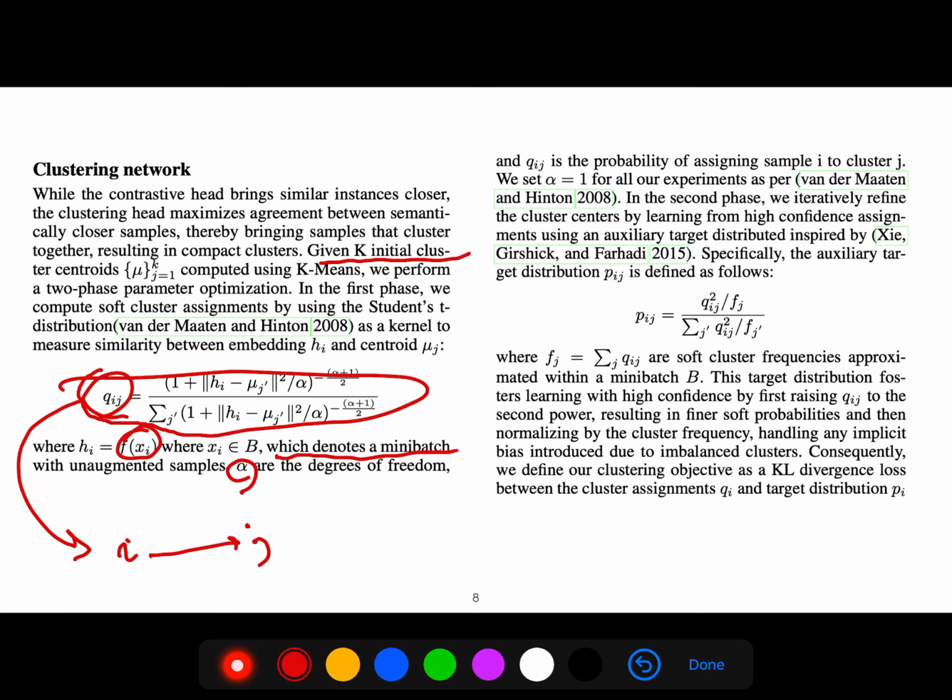And that auxiliary target distribution was suggested by Ali Farhadi at the Allen Institute for AI. He suggested using this one. I have explained his excellent paper in a different video in a playlist for deep learning.